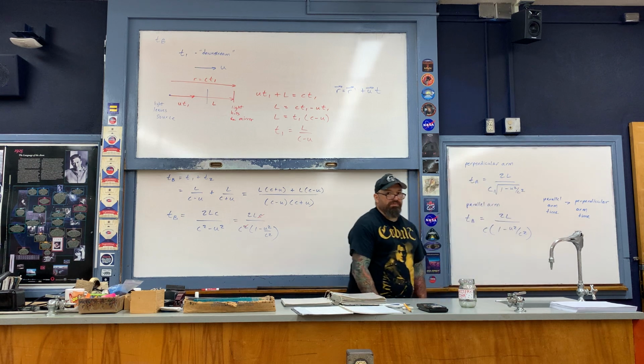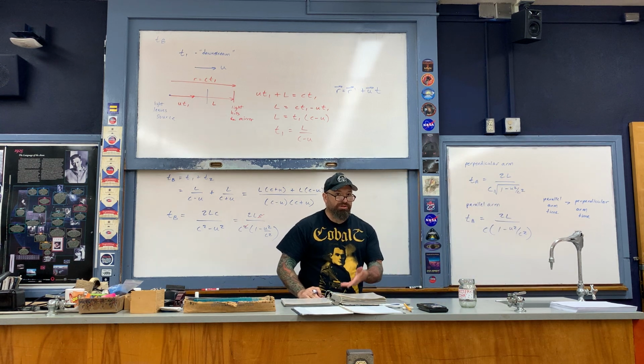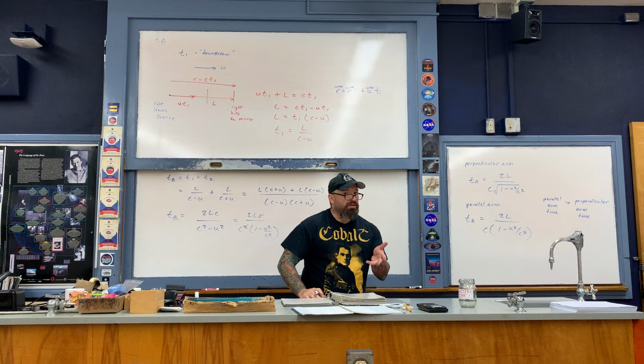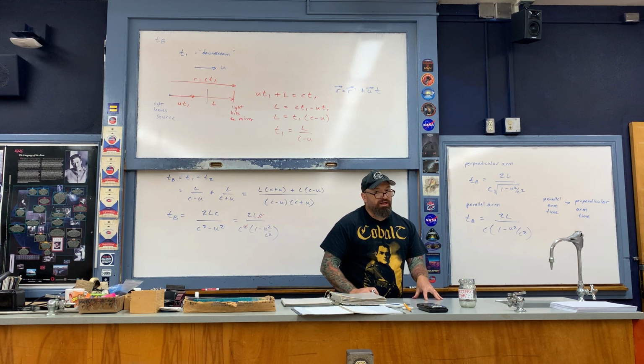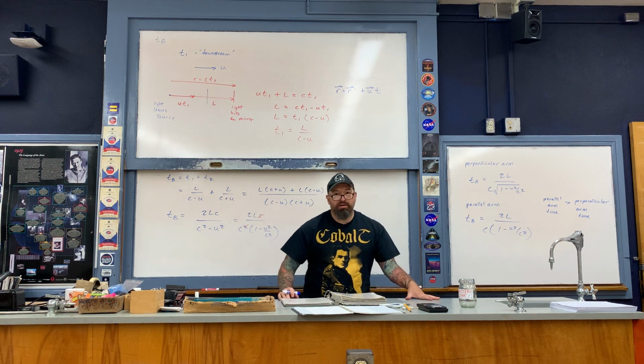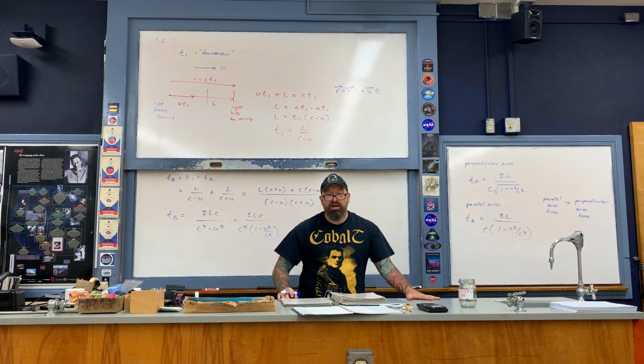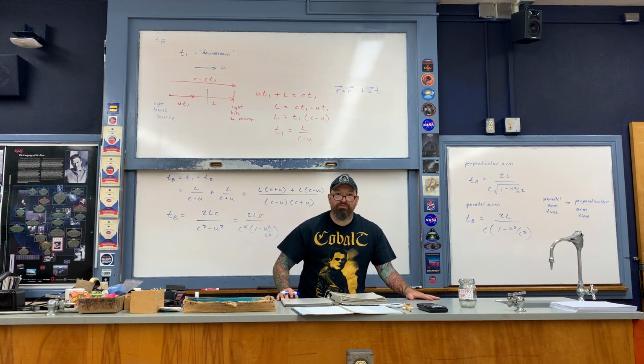Therefore, when the two beams of light go out from the source and then return to the source, the light beam that moves along the parallel direction takes a little bit more time to arrive back at the source. Therefore, once again, the two beams of light arrive back at the source out of phase. They do not constructively interfere with each other. So instead of seeing a bright fringe, you would then once again see a dark fringe.